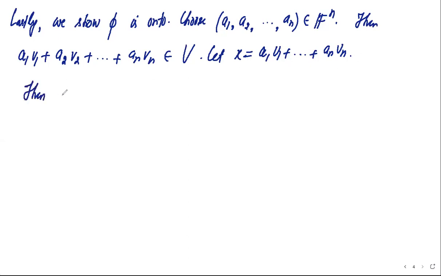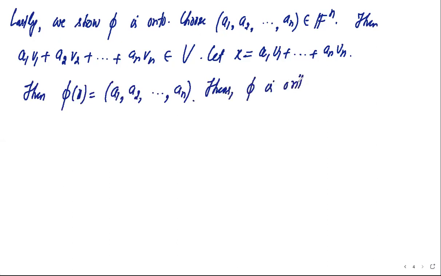Then phi of x will be equal to a1, a2, so on an. So thus phi is onto. Therefore V is isomorphic to Fn. Okay. Did you understand this? Yes, sir.